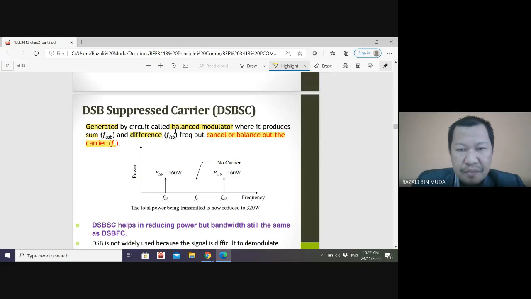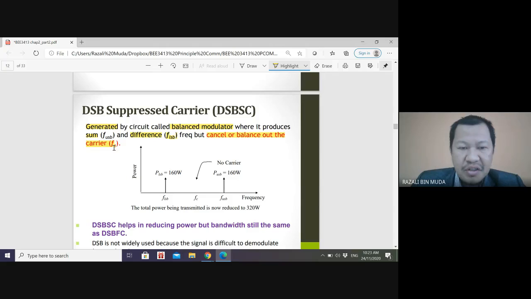So this balanced modulator has the sum, which means FC plus FM, that is the upper sideband frequency, and the difference, meaning FC minus FM, or omega C minus omega M, which is the frequency of the lower sideband. But this balanced modulator circuit cancels the carrier.